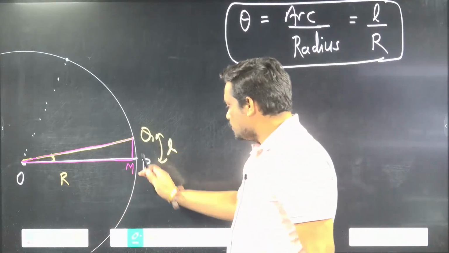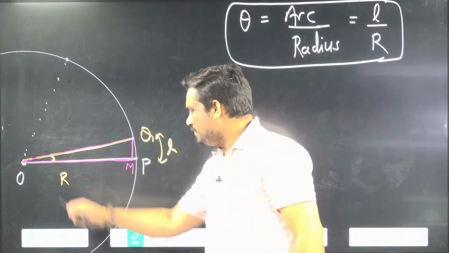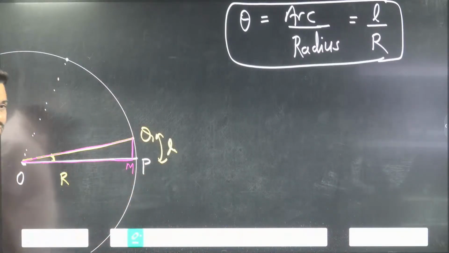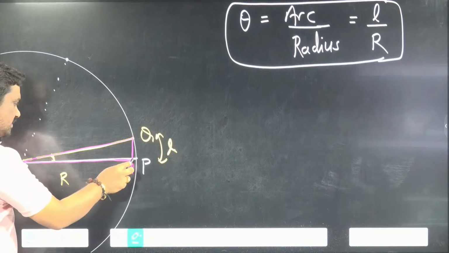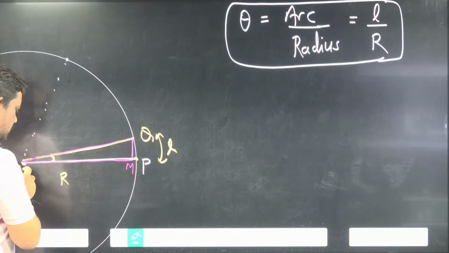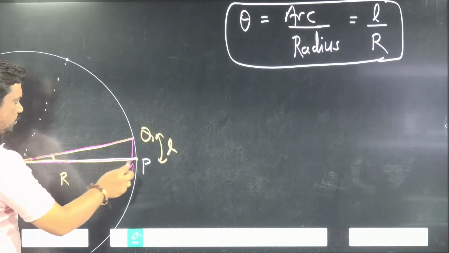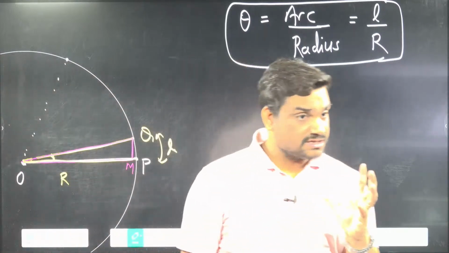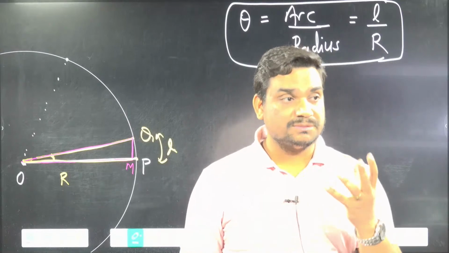In this one I can use, okay. One thing you will observe here is that OM and OP are almost similar. OM is up to this, OP is up to this, almost. OM and OP are almost the same, not exactly the same, nearly the same, approximately the same.